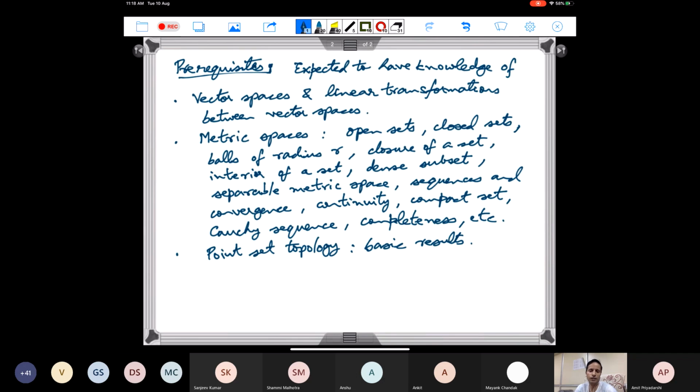So if you know about continuity and these things on metric space, that may be enough. But if you know continuity, compactness for general topological spaces, then that is even better. Is it clear? Yes, sir.